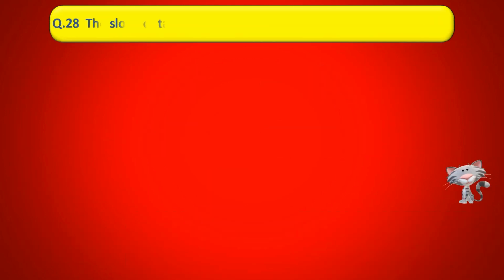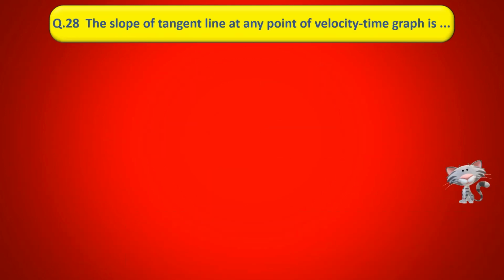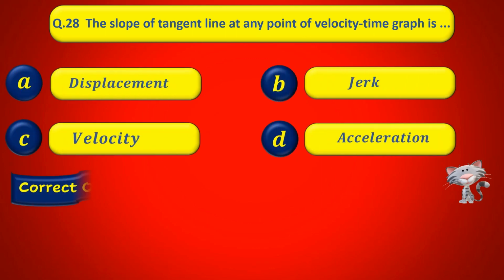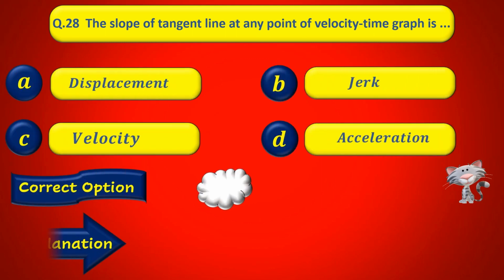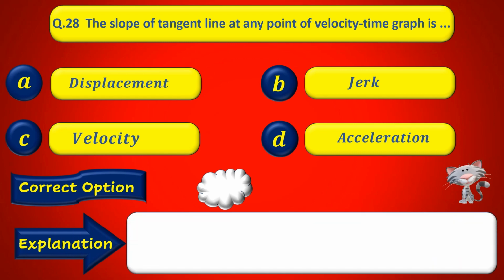Question number 28. The slope of tangent line at any point of velocity time graph is, and the options are. And the correct option is, let's find out. Draw a certain velocity time graph. This is time, this is velocity time graph.